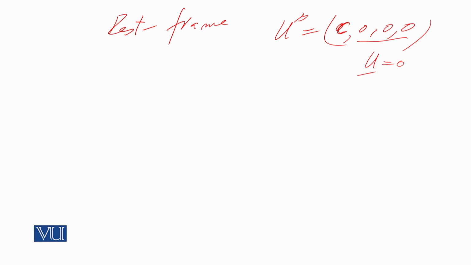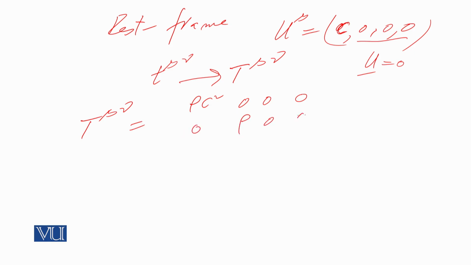So, if we take this assumption and apply it on the expression T mu nu, this will change to the relativistic energy-momentum tensor, and this will be like this: rho c squared, 0, 0, 0, 0, rho c, 0, 0, 0, 0, rho, 0, 0, 0, rho. This will obviously be a 4 by 4 matrix.